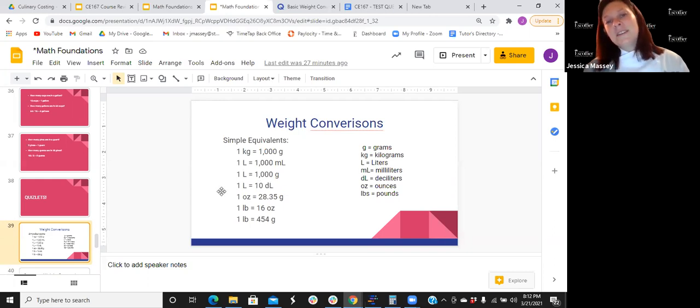A deciliter: 1 liter equals 10 deciliters. I'm going to tell you guys, you will never use that in the kitchen, ever. It's on one problem in one class in this entire Escoffier program. When you see it, just remember 10 deciliters is 1 liter.